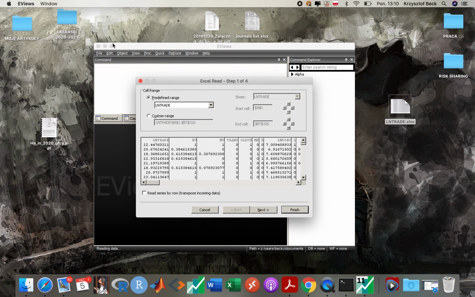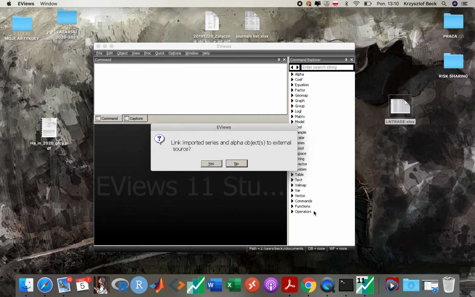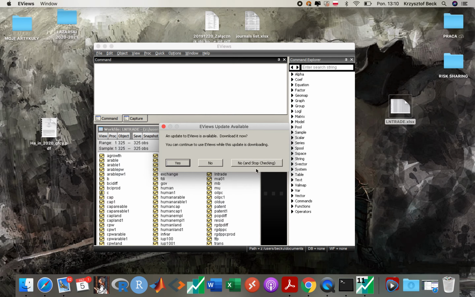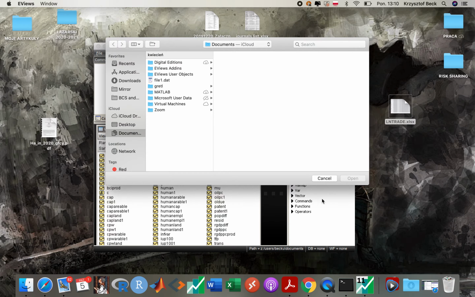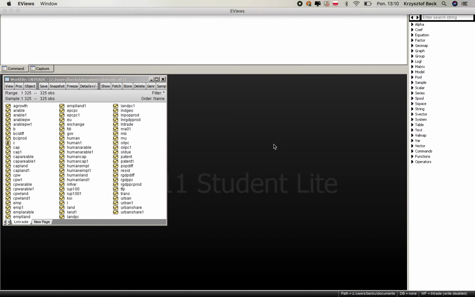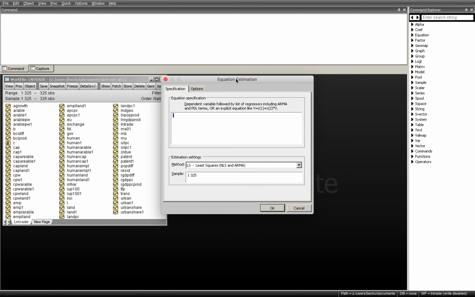Then all you need to do is click next, next, next, finish. The data here is unstructured, which means it's cross-sectional. Now, let's estimate the model in the simplest way. We go to quick, estimate equation, and we start.